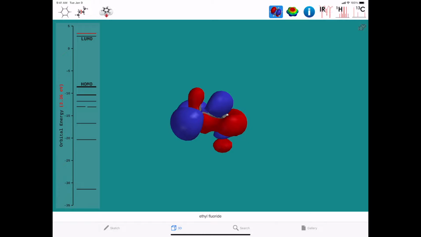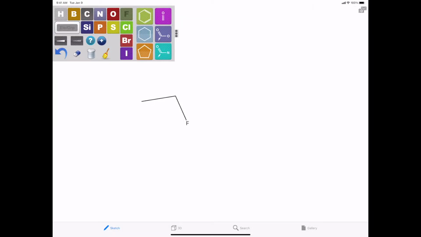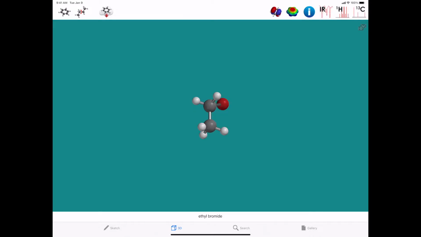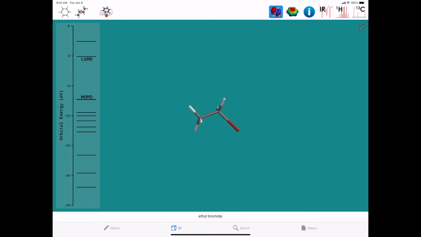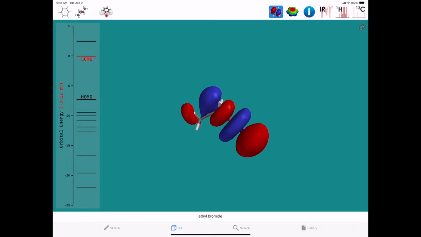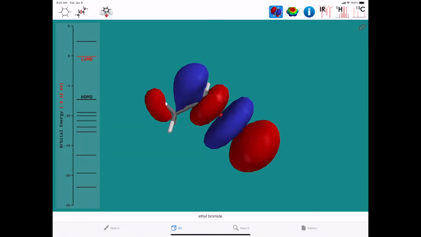Yeah, we're not going to worry about that one. Let's use a better leaving group. So there's the bromine. All right, that's better. So the LUMO here looks like the sigma star antibonding orbital between carbon and bromine, but some of it is on that neighboring hydrogen, right?